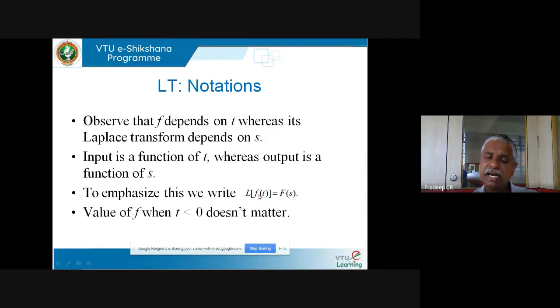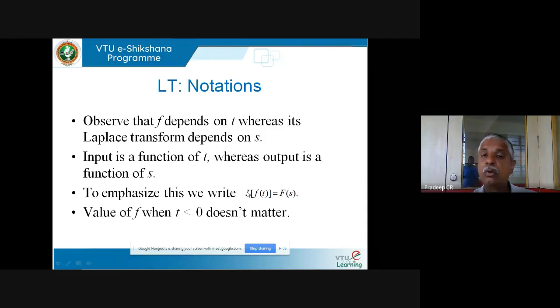Small f stands for function of t, capital F stands for function of s, and capital F is precisely defined by this, Laplace of f(t). So I could write small g and then I'll write capital G. If I write small h, I'll write capital H here. That means these small and capital are related.